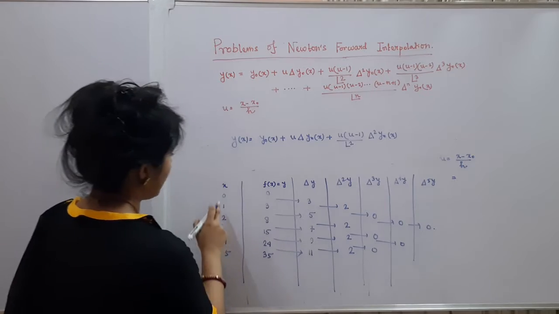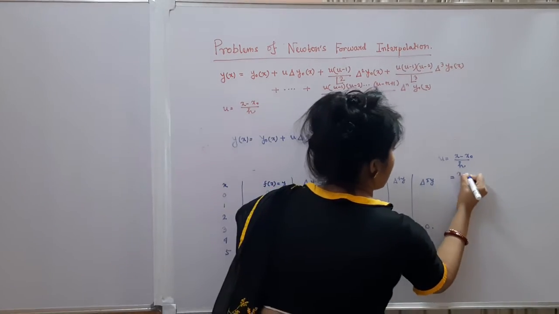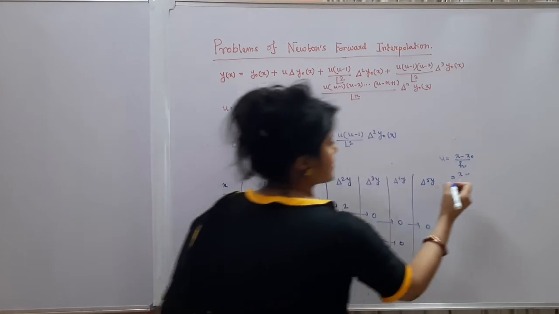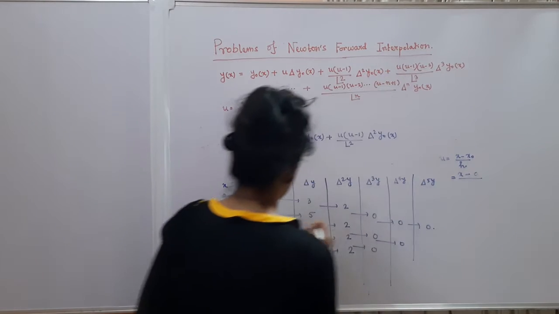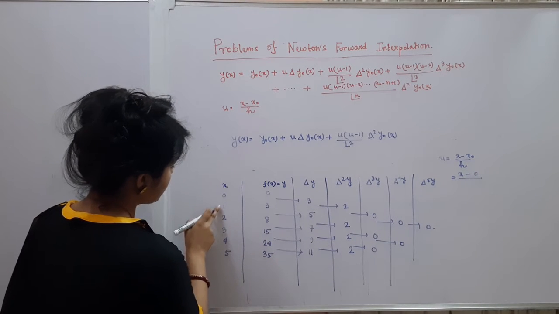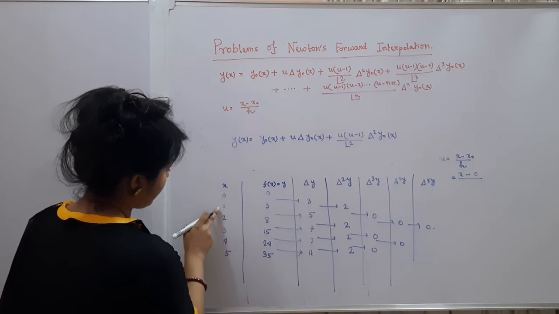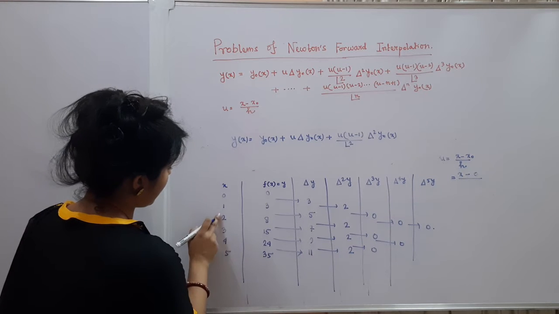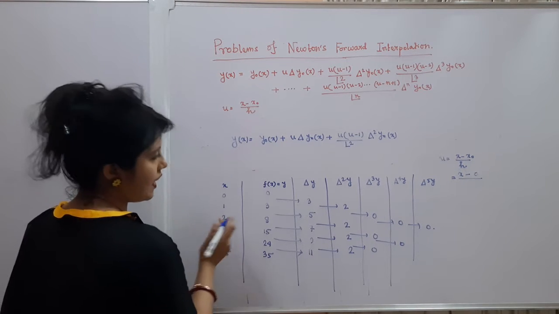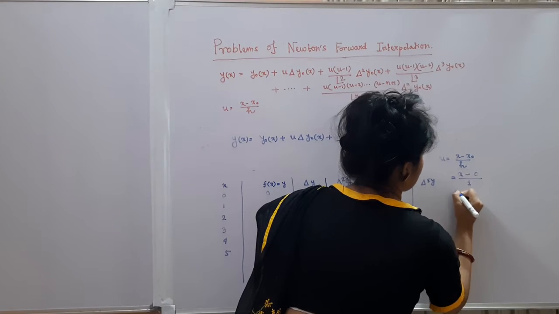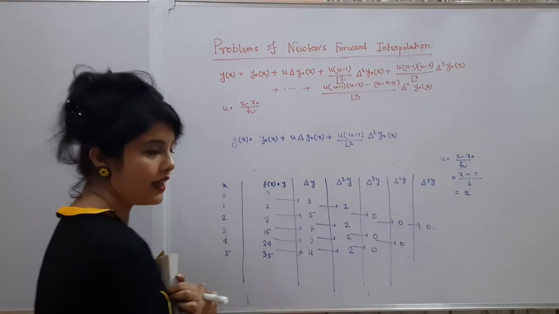Okay, so what is x? X is x, x0 is 0, so x minus 0, and h is 1 because all the values of x are equidistant and the difference between two consecutive values is 1. So therefore u is only x.